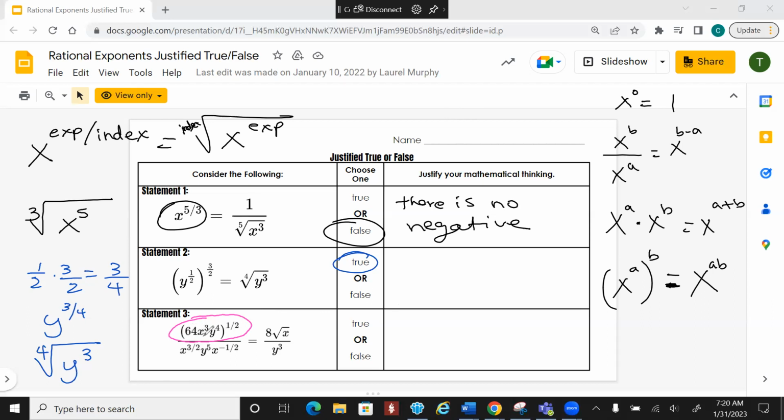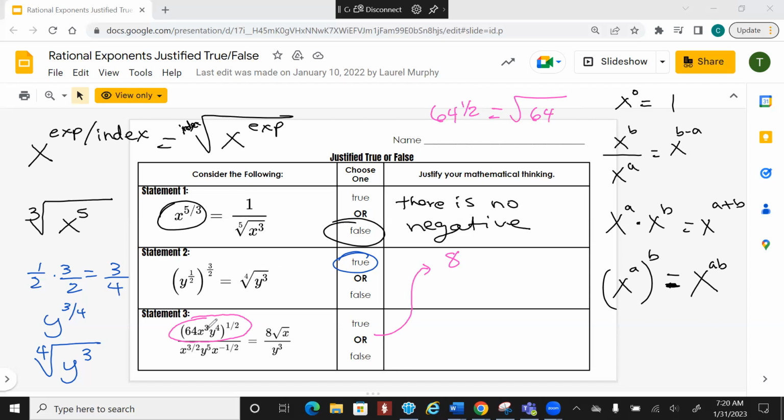So 64 raised to the 1/2 power. We learned back in the very first part of this that 64 raised to the 1/2 power is the same thing as taking the square root of 64, right? So what's the square root of 64? Oh, an 8, yeah.